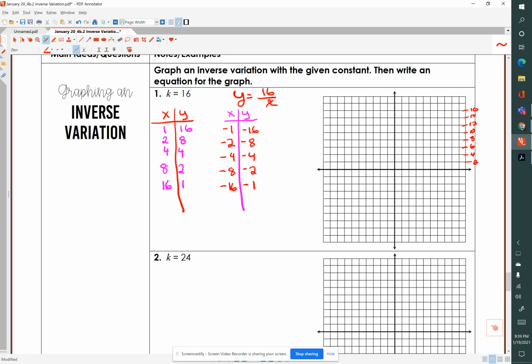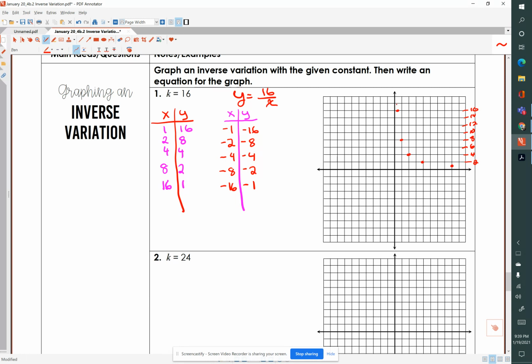So that would mean positive 1, 16, 2, 4, 6, 8, 10, 12, 14, 16. Positive 2, 8. 4, 4. 8, 2. And 16, 1.